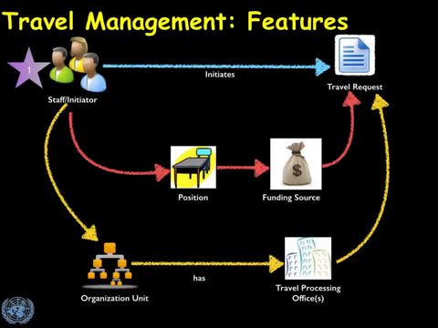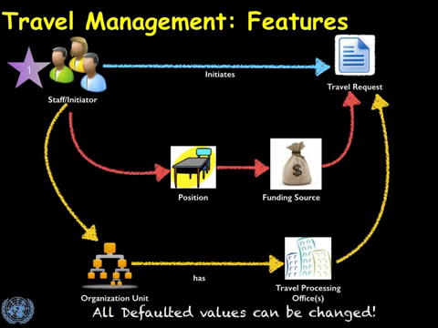So the funding source is defaulting from the staff member's info type number 17. And the organizational unit is derived from the relationship of the travel processing office. And these values will be defaulted in the travel request whenever the staff member or initiator is trying to create a travel document. However, all defaulted values can be changed.